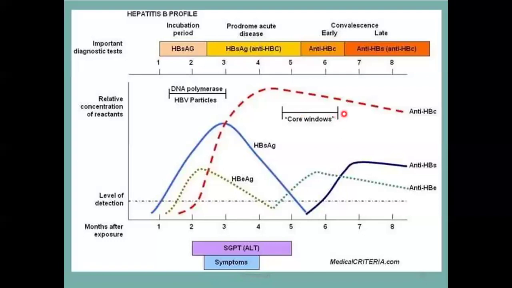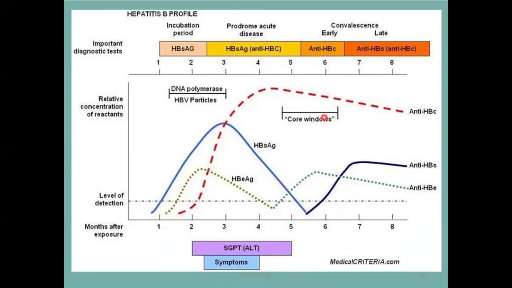We call it the window period. Can you see here? Between month, this is like 4.5 to 6.5. Core window or window period.